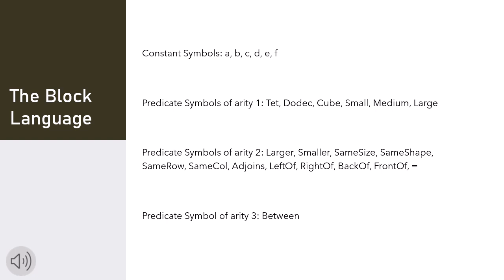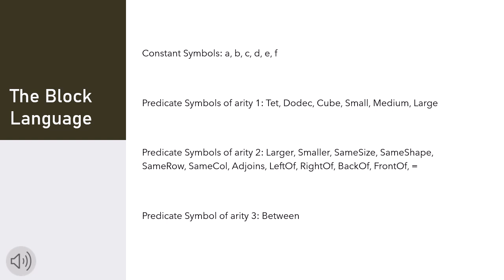The textbook does discuss how you could add some function symbols to this language. But for the remainder of the semester, we won't take that as being part of the block language. Instead, we'll assume the block language doesn't have any function symbols at all.